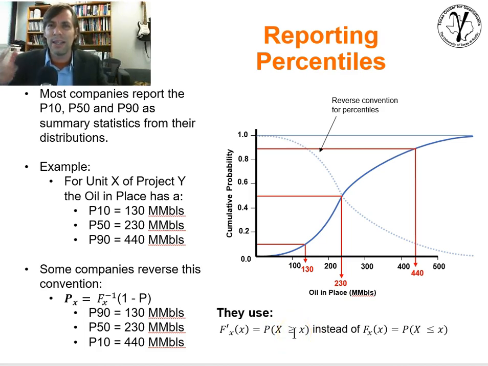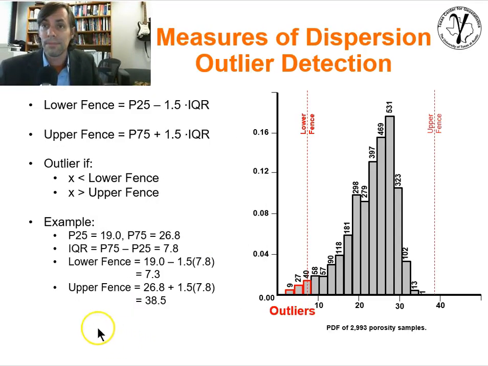It's hard for my brain to even think that way. And so they end up with this monotonically declining curve right here. You just switch your brain, and realize that for them, the P10 is good, the P90 is bad, the low case, and so forth. But it's not a big deal. It's just a reversal of the convention.